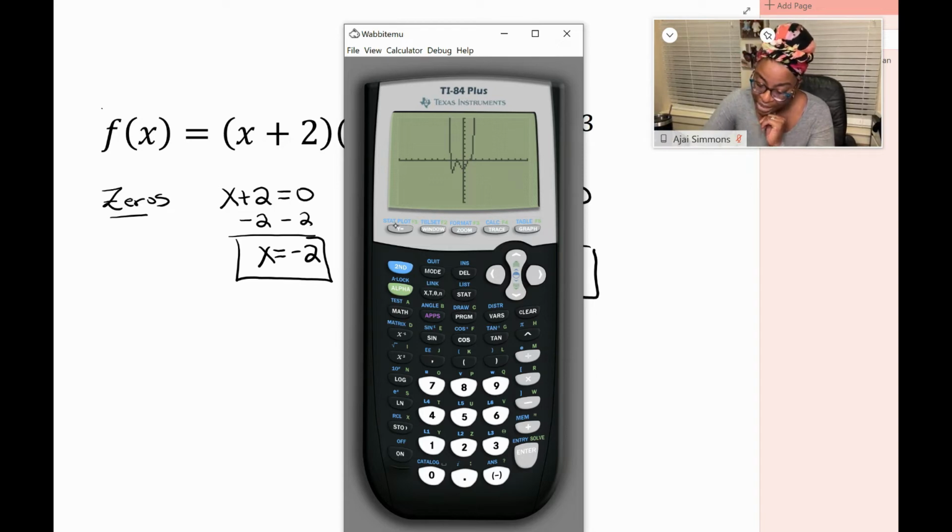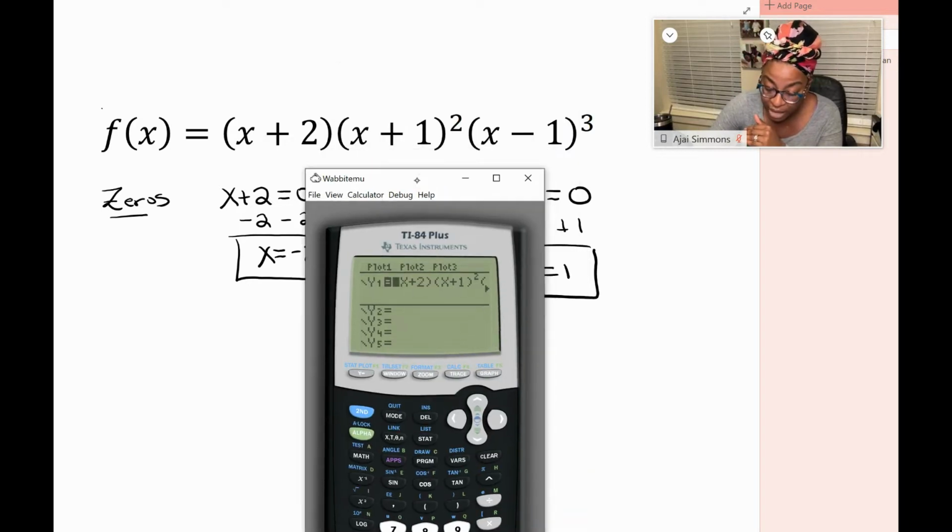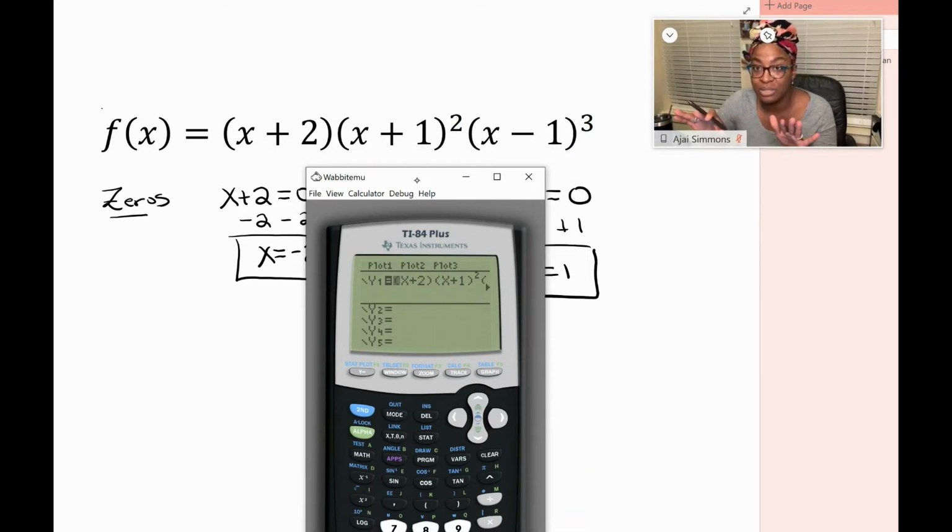You go to y equals. I put that polynomial in my graphing calculator exactly how it's written, with the parentheses and the exponents. Then if I press the graph button, it looks like this.